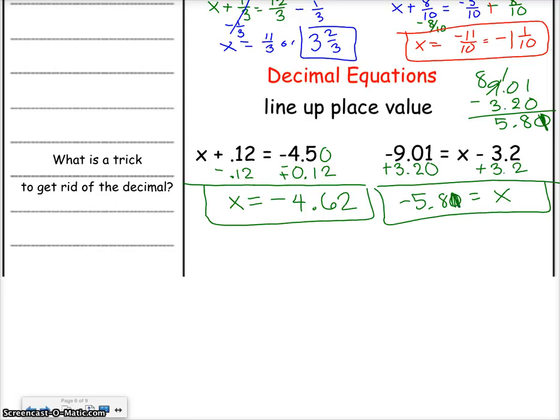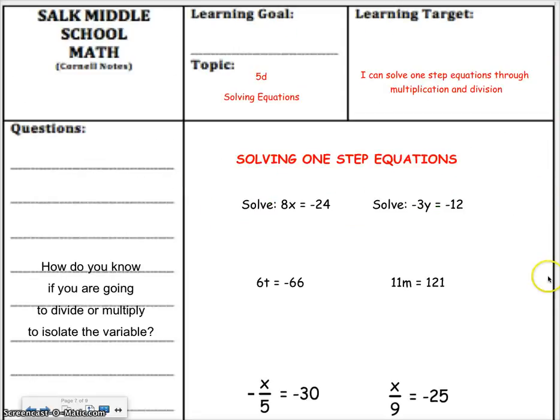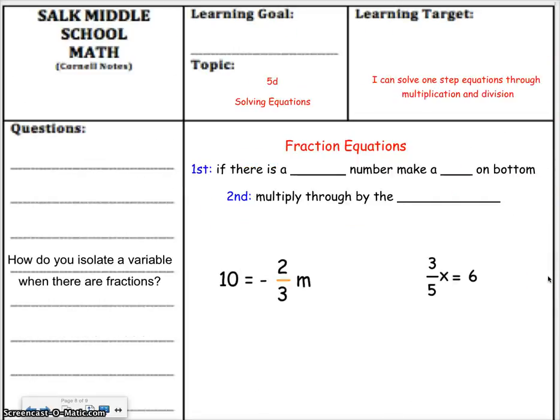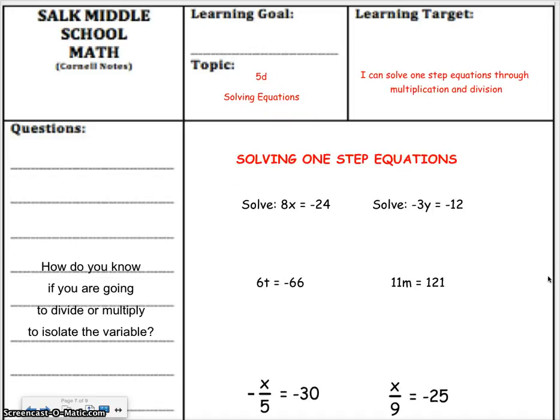Oh man, I've got to rewrite this a little bit. It's messy. Negative 5.81. So we've solved one step through adding and subtracting. And now we move to multiplying and dividing. And then we've got to do fractions, and then we're done. Okay?